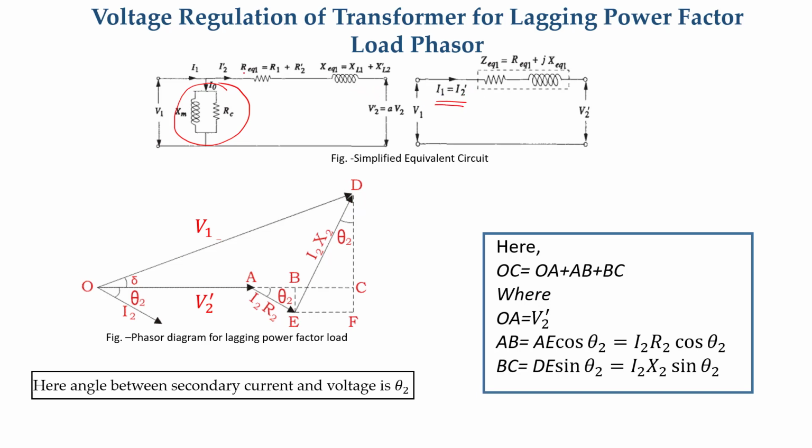Here R equivalent is R1 plus R2 dash, and X equivalent is XL1 plus XL2 dash. These are the resistive components and the leakage reactance of primary and secondary together, referred to the primary side.